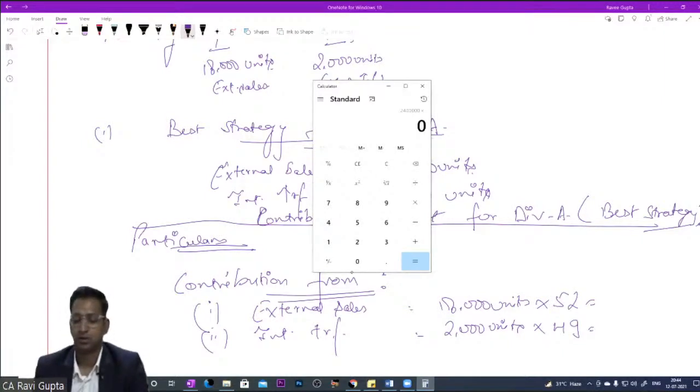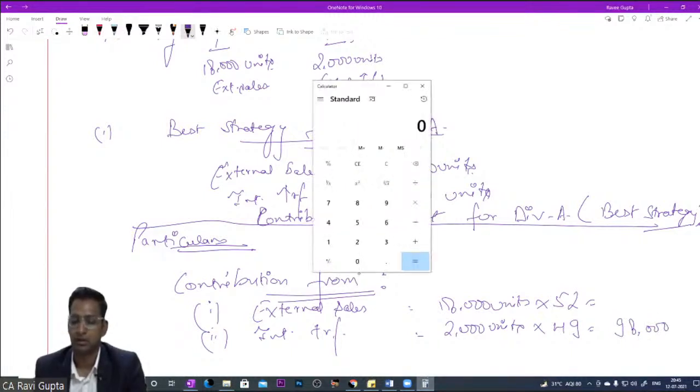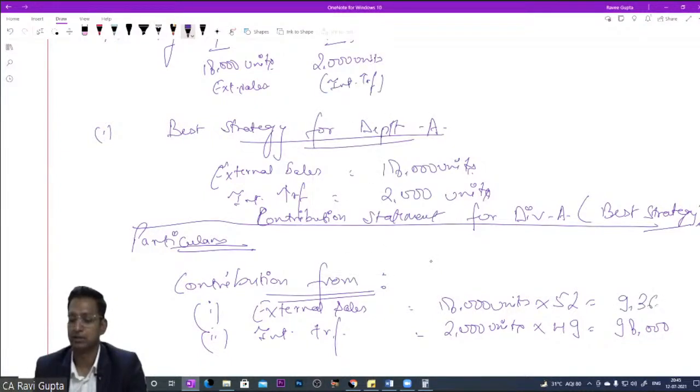That is 2,000 into 49, 98,000, and 18,000 into 52 rupees, 9,36,000 rupees.